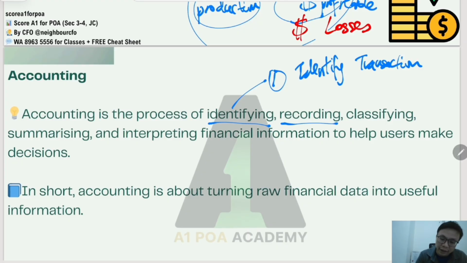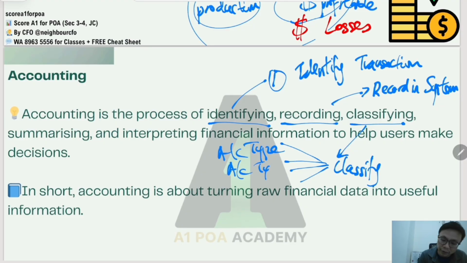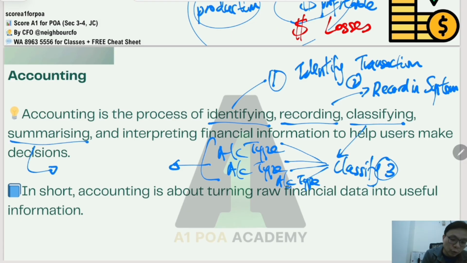Once you identify, you record in the system. And once you record into the system, it is important for you to classify. You classify into the different types of account type, and so on. With all this information, it is important for you to be able to summarize into a report.